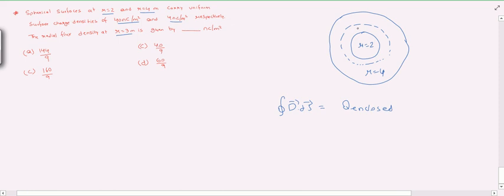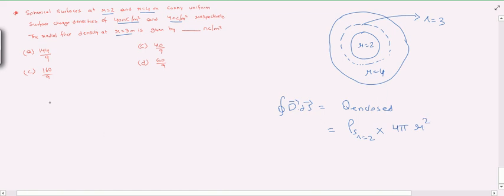So you can see that for this r equals 3 Gaussian surface, the charge enclosed is only that of the r equals 2 surface, and it does not matter what the charge of the r equals 4 surface is. In this case we have to consider only the charge enclosed by the r equals 3 surface. So only the r equals 2 surface charge will be considered, and the value of Q enclosed will become the surface charge density of the r equals 2 surface into the surface area of the r equals 2 surface.